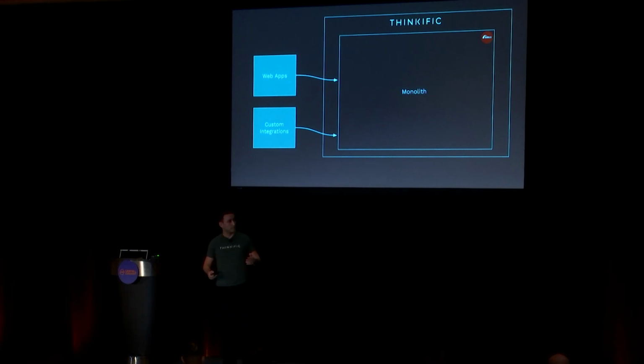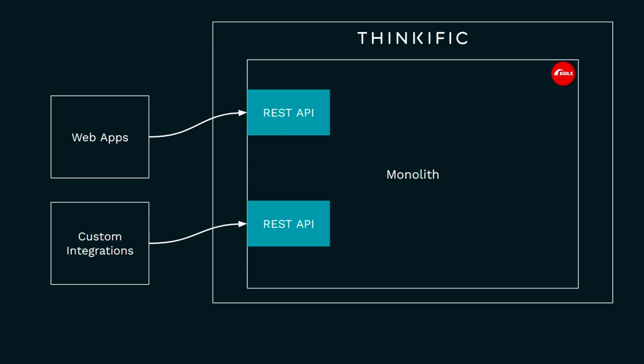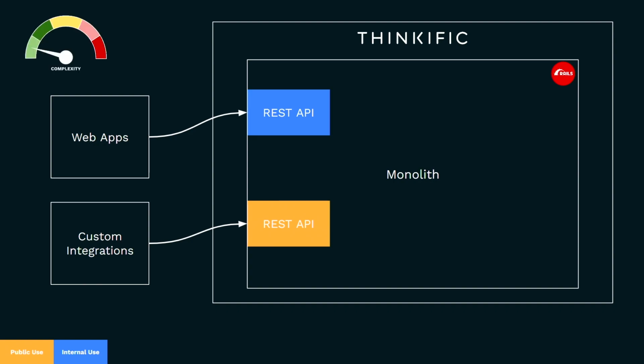For example, when they need to integrate users' data into their own CRMs. Those two things, web apps and custom integrations, would communicate through REST APIs. So we have the internal REST API and the public REST API.